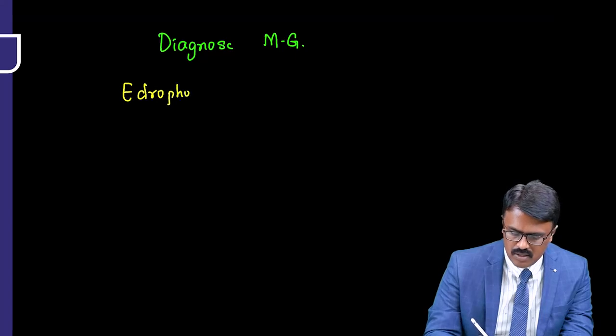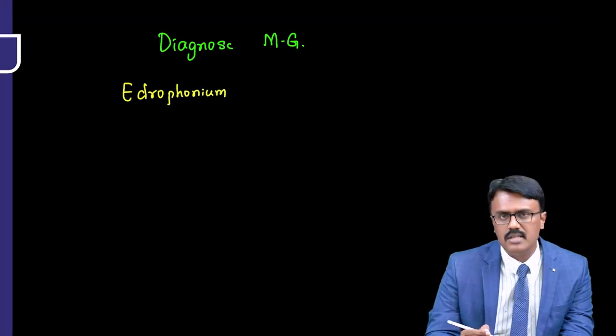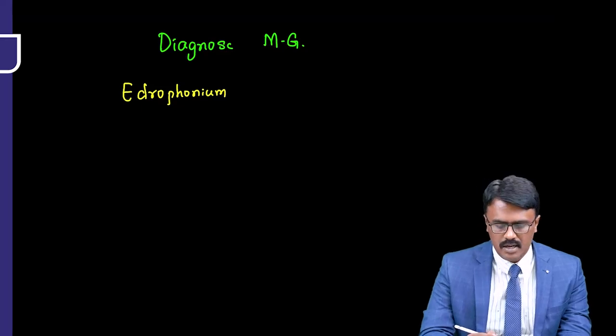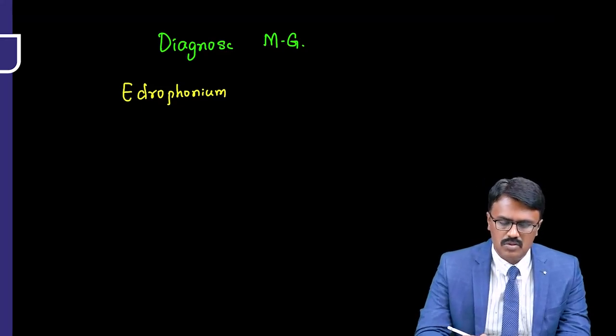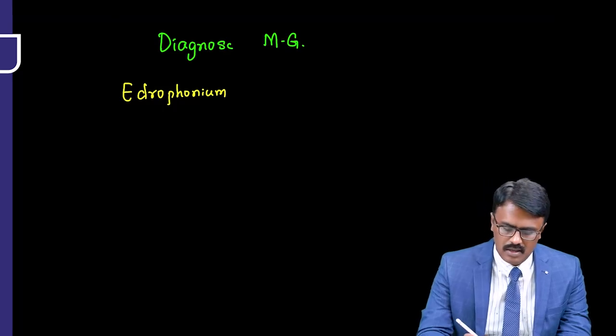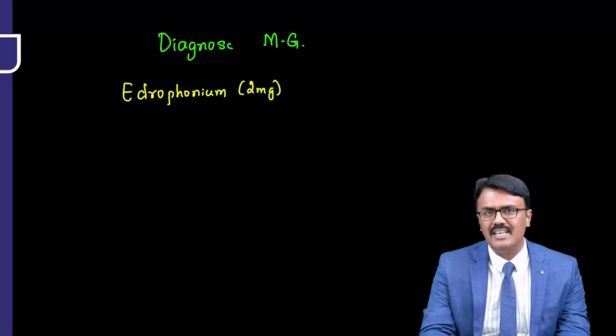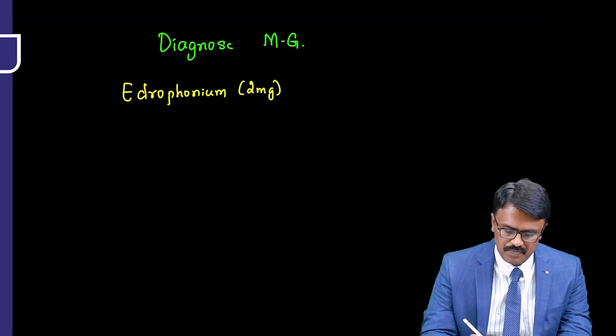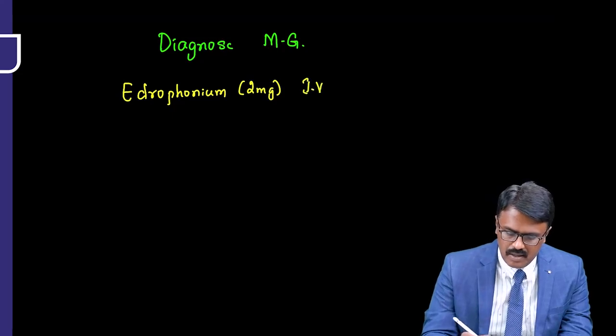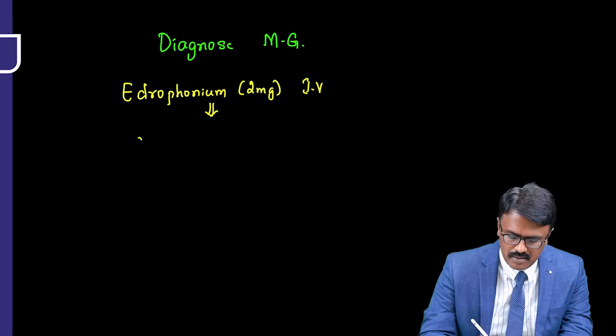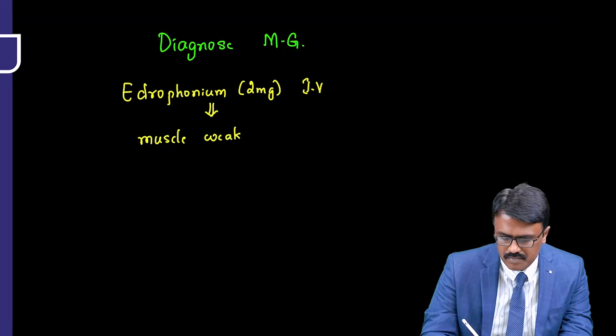And we have discussed this drug in the previous cholinergic videos. Edrophonium is a drug which is used to diagnose myasthenia gravis. What we do is we give 2 mg of this IV and see whether the muscle weakness has improved or not.